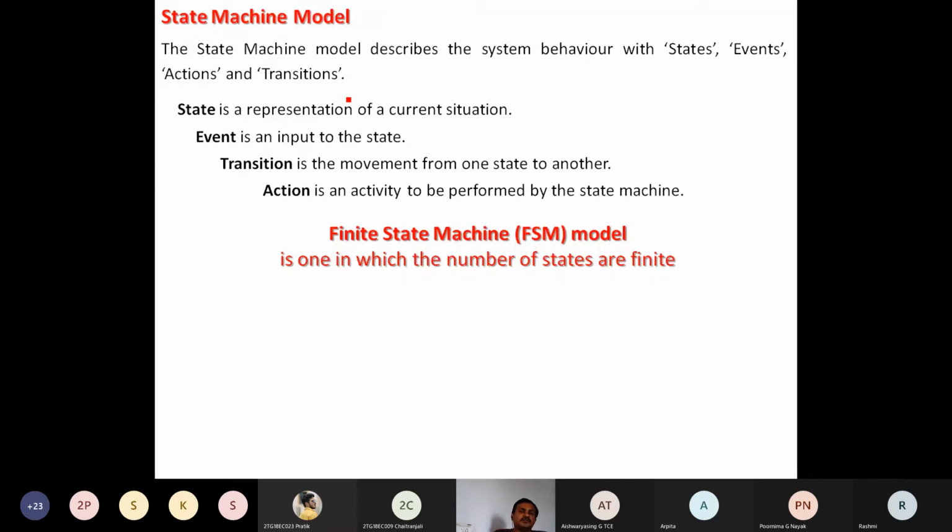After some time, the user removes his finger from that button, and that situation of the button is known as a state. So for a particular operation, we find a finite set of states, a finite set of situations. Those are explained with the help of this FSM model, the finite state machine model.